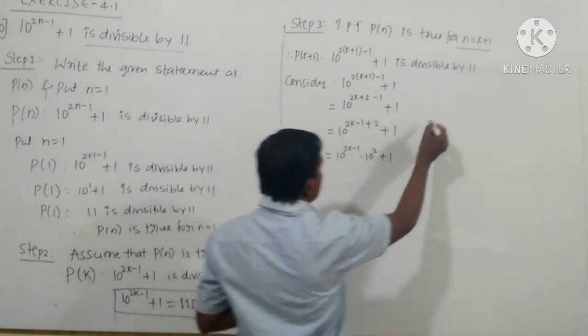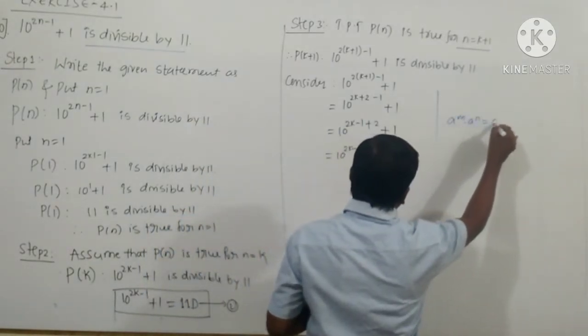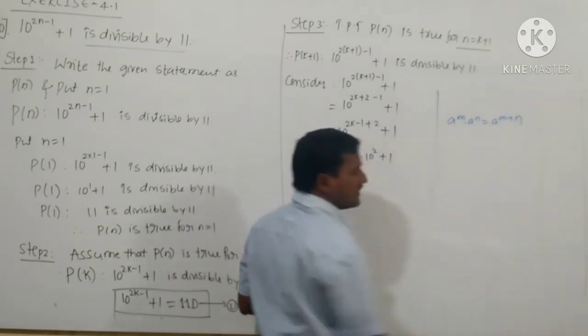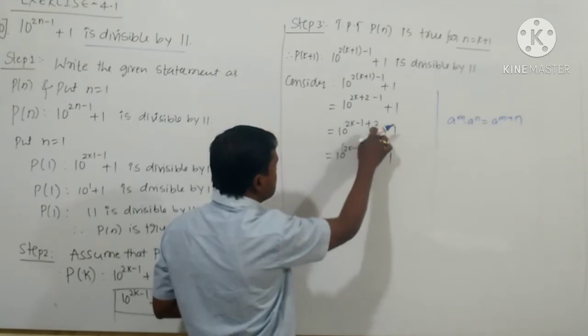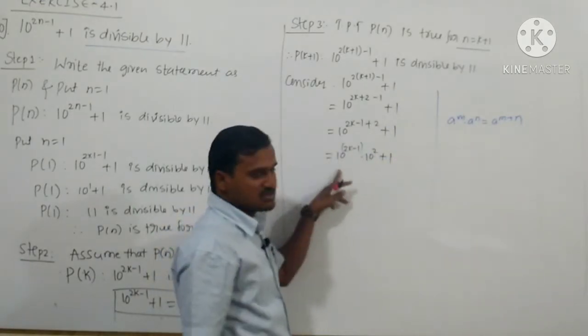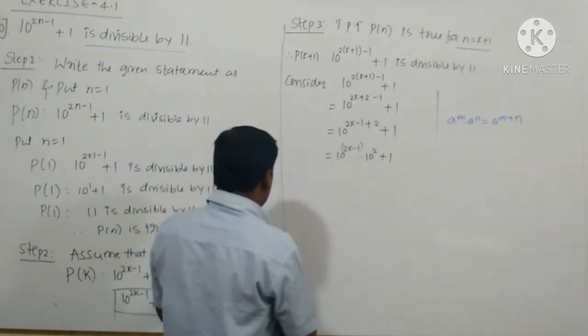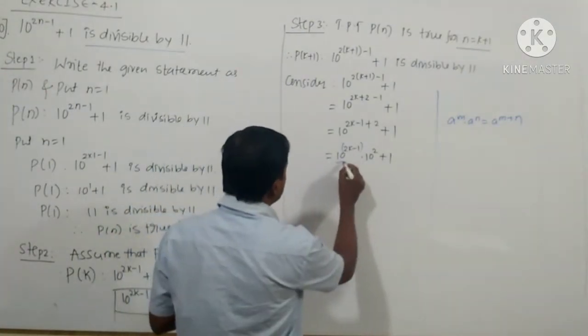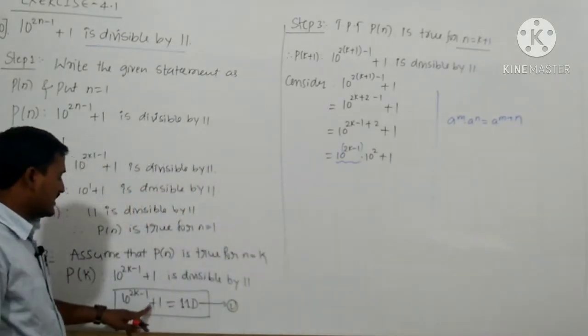Here I have used this formula, that is a raised to m into a raised to n, we write a raised to m plus n. So here this is m and this is n. Here the bases are same, then we have to add the powers. Okay, right. So now I will replace the value of this term. What is the value of 10 to the power 2k minus 1 plus 1?